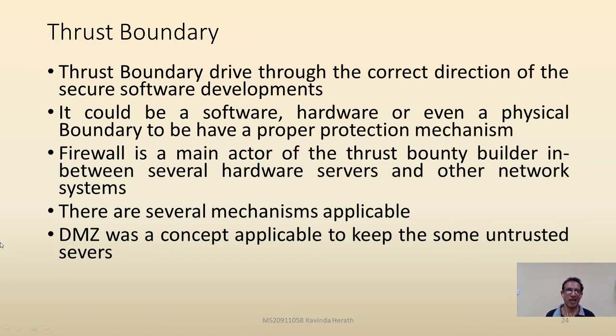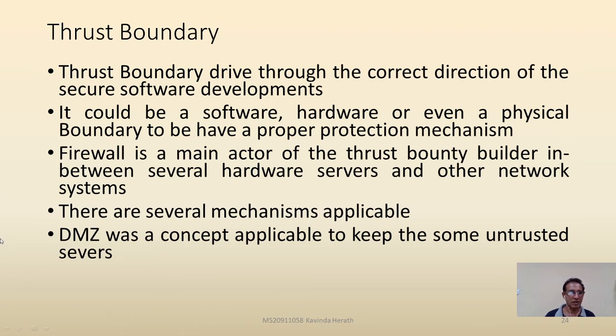Demilitarized zone means it is the zone that is not involving any war activities or untrusted activities. So if a server is not much relevant to the trusted environment, then you can keep that there.